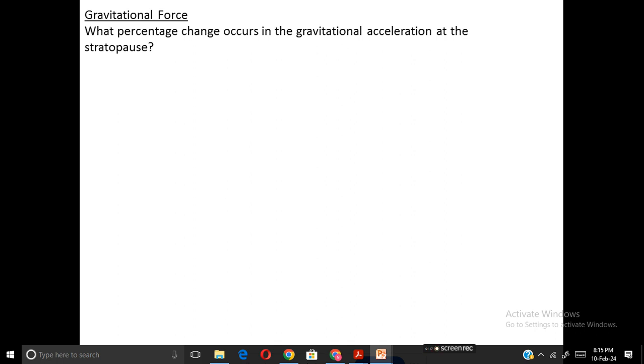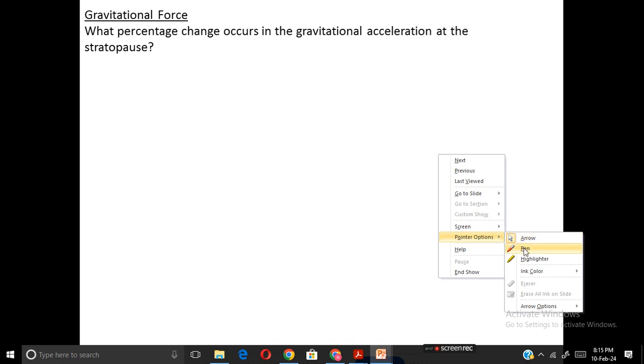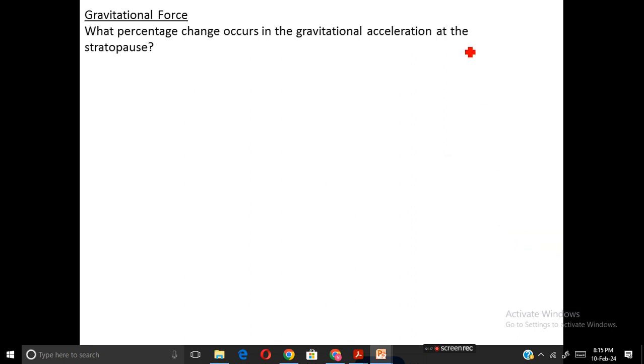Now we will move on to another important force, which is basically the gravitational force. I think we all know what gravitational force is. Basically, on the earth, two objects which have mass mutually attract each other.